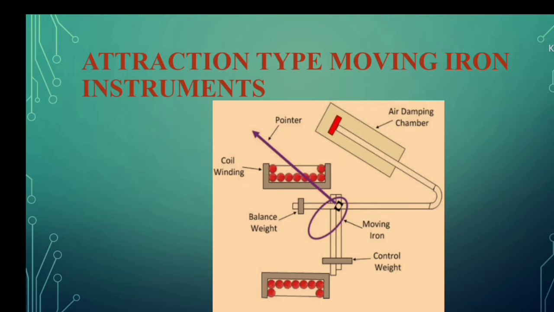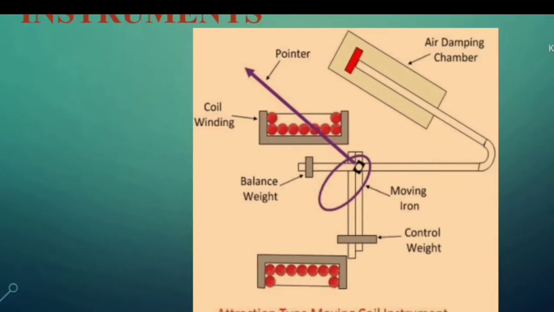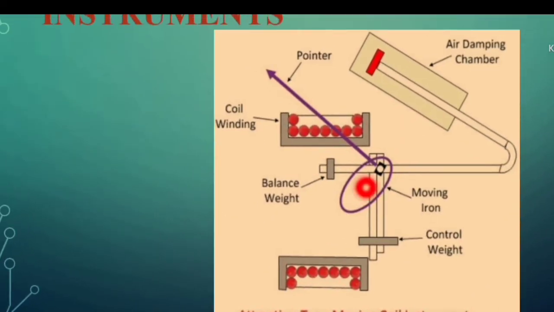When we look at the diagram, we have a flat cylindrical structure bound with a number of turns of copper coil, and in this structure we place a moving iron in the form of a disc. This disc-shaped moving iron is placed in the magnetic field developed by the coil.